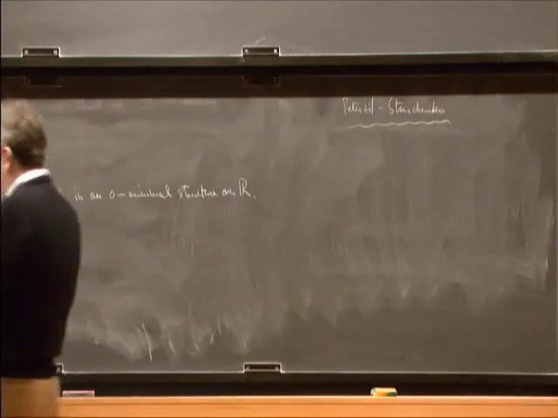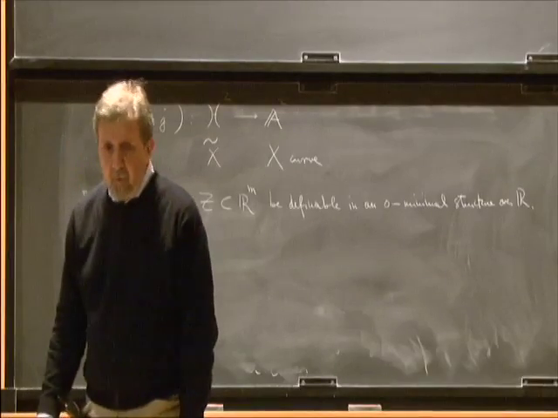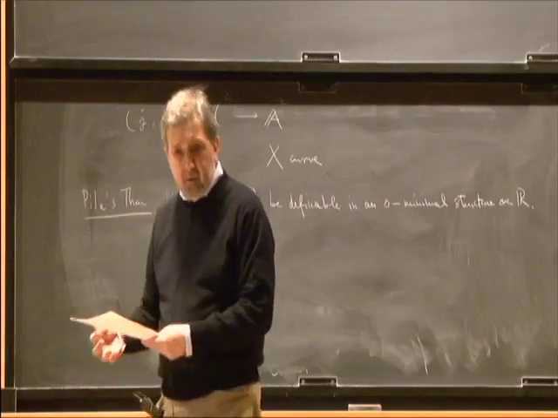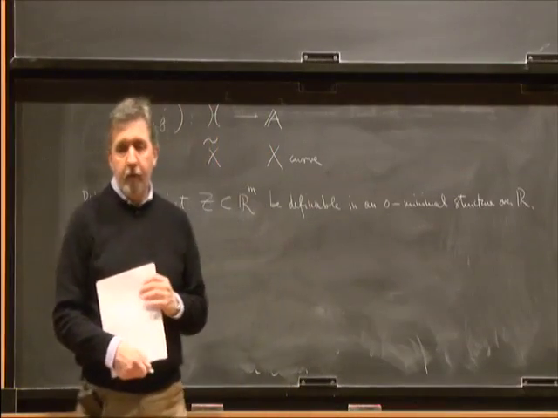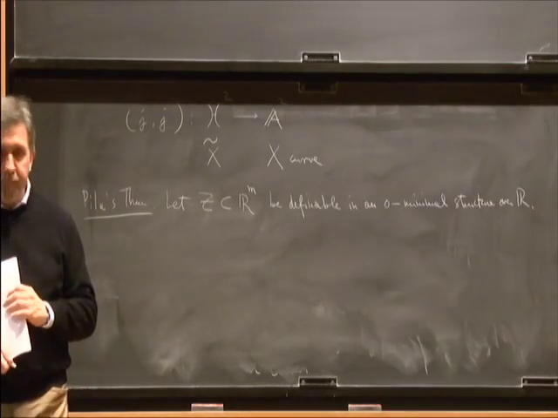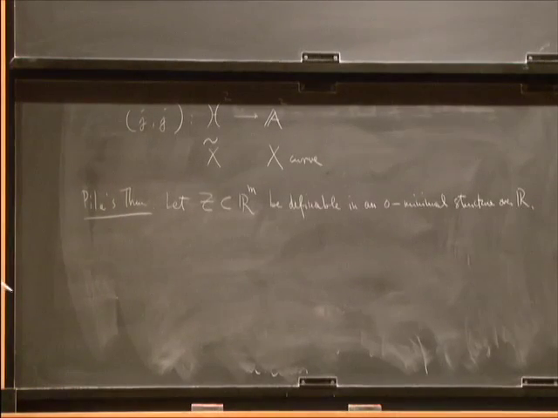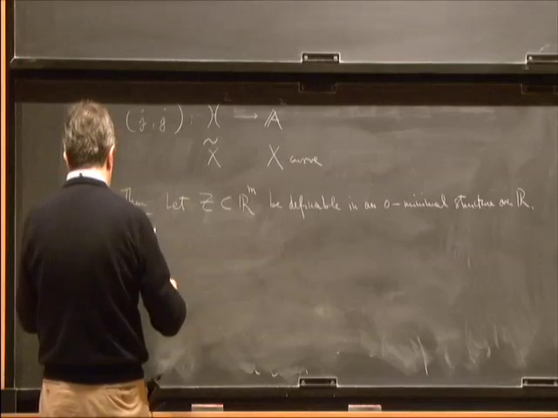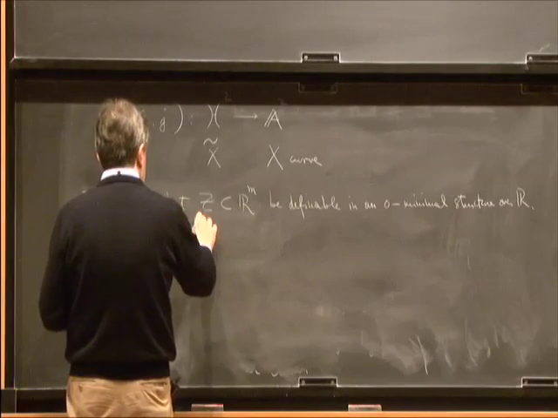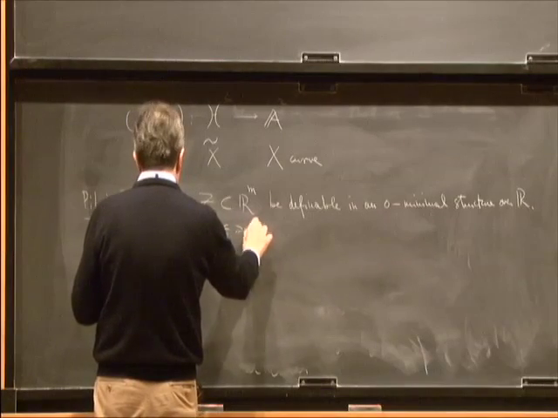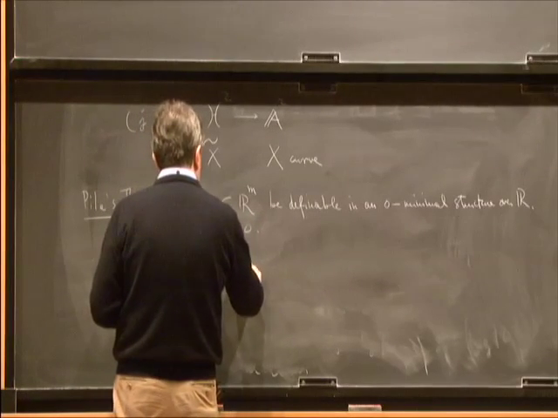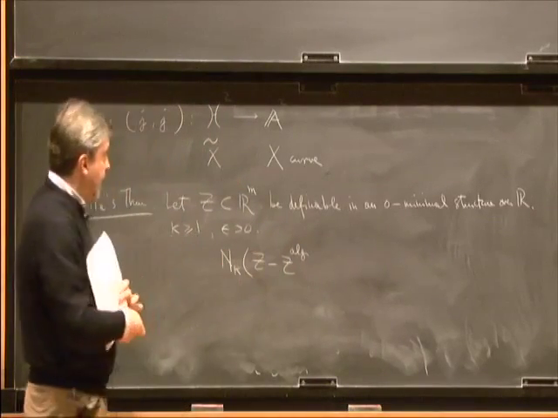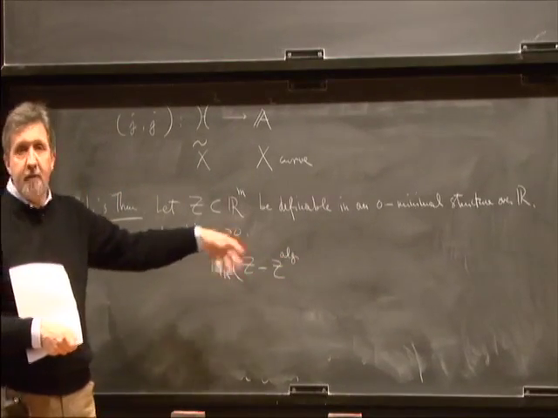So he proved with this assumption on Z. We let k be an integer and epsilon be positive. And then we denote by nk of a set, which in our case is this Z minus Z alg, the same as yesterday.